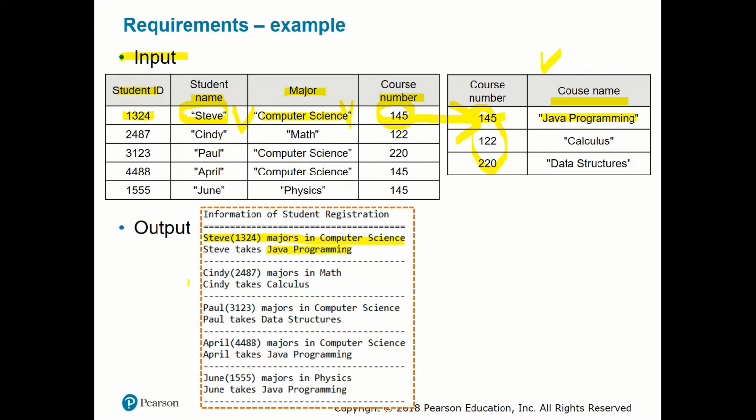Likewise, the other 4 students' information will be printed out. So these are requirements. This is the given input, and from the given input, we are required to have this output.